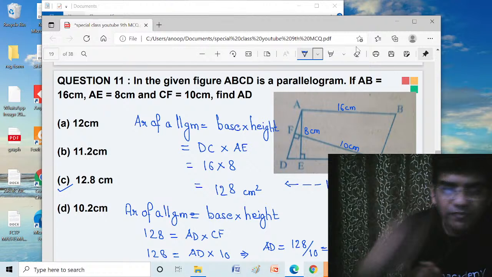Let's move on to the next question. The next question says, find the area of a triangle with these sides. Whatever are the measurements of the sides given to me, I will consider these three sides as A, B, and C. Now, if they asked us to calculate the area of the triangle, what we need to do is first of all find the perimeter.